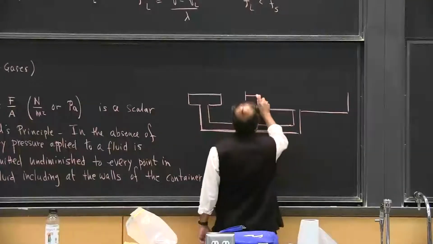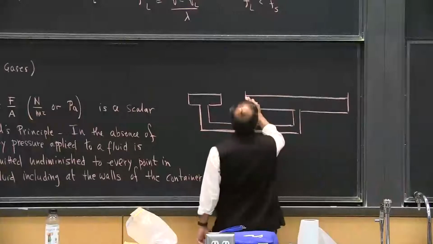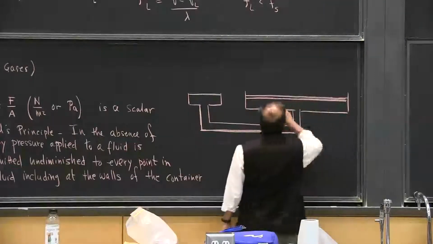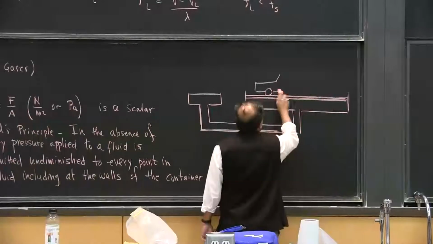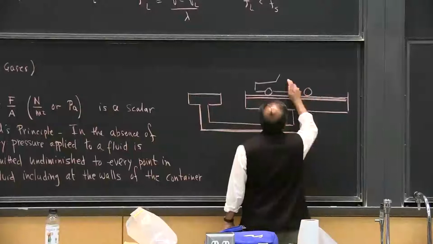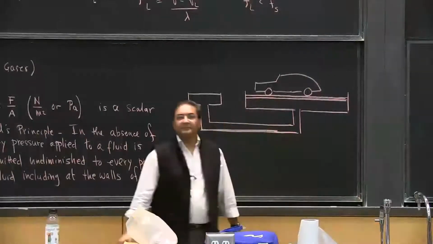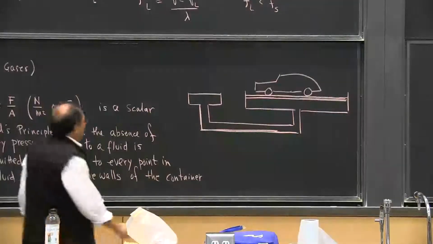And let's say there is a surface here, and let's say your car is here. Let's make it a fancy looking car. It's broken down. So the car is there, and your foot is here.